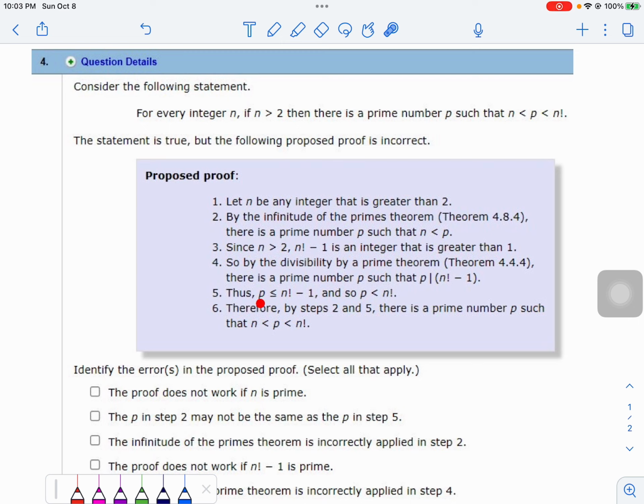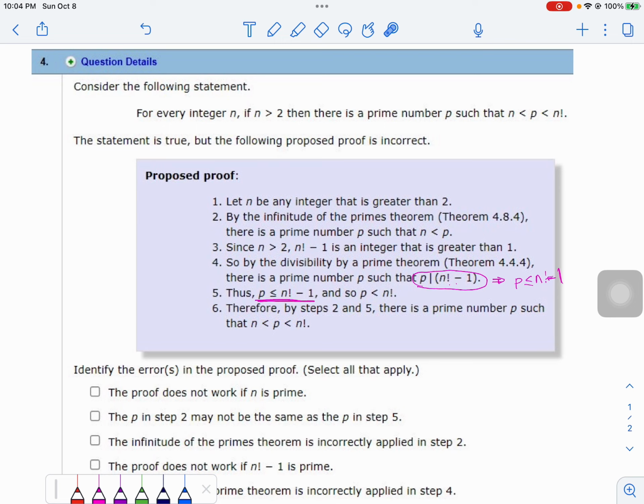Now, thus, p is less than or equal to n factorial minus 1. I have no problem with this one because when p divides n factorial minus 1, that automatically means p is less than or equal to n factorial minus 1, by one of the results from the book. So this is completely fine, okay?